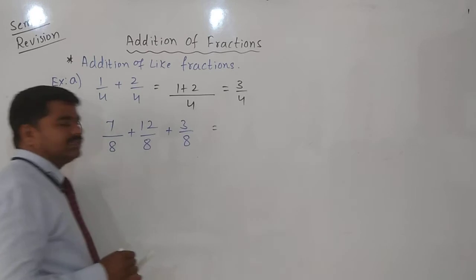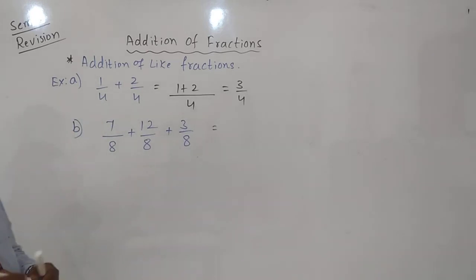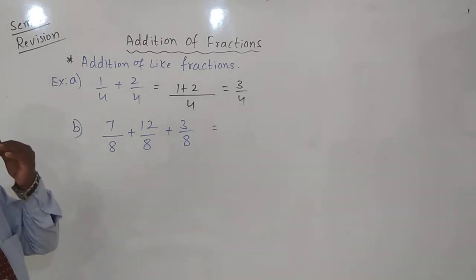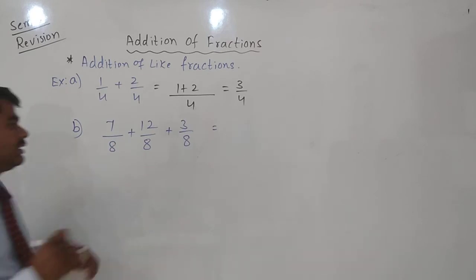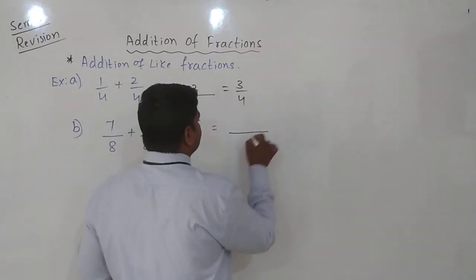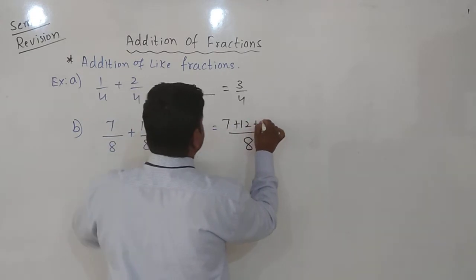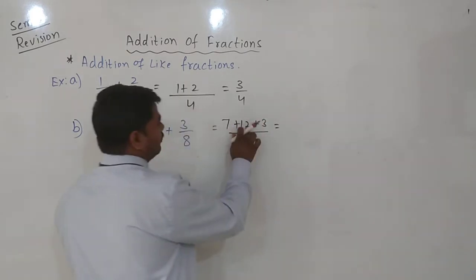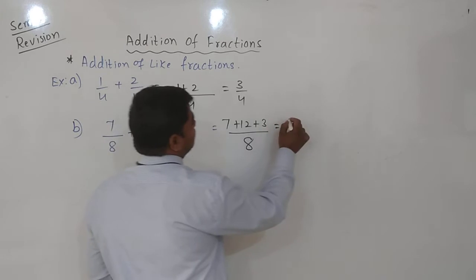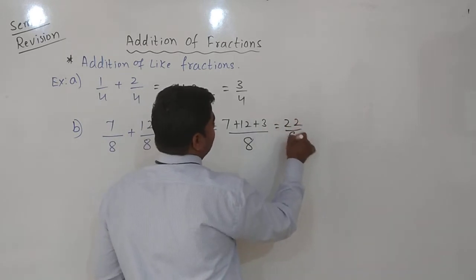Here both proper and improper fractions are there. Now take 8 as the common denominator, then add 7 plus 12 plus 3. It is 7 plus 12, 19, plus 3, 22 by 8.